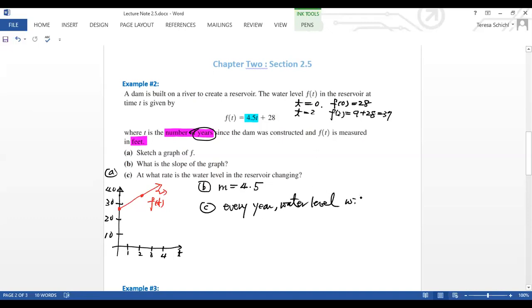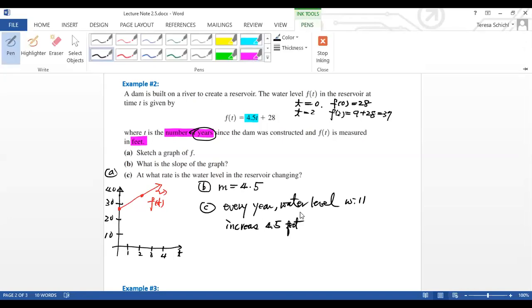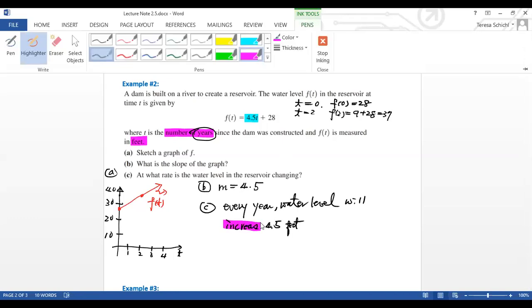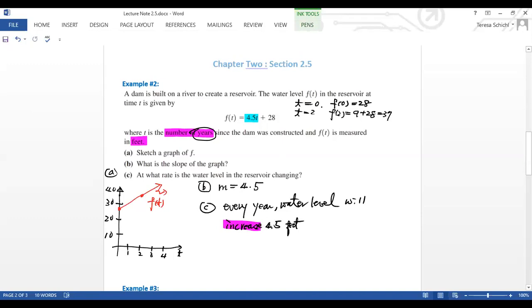The water level will increase 4.5 feet. So be very careful here. The water level increases because the slope is positive. Remember, the slope is how much y changes whenever x changes 1 unit.